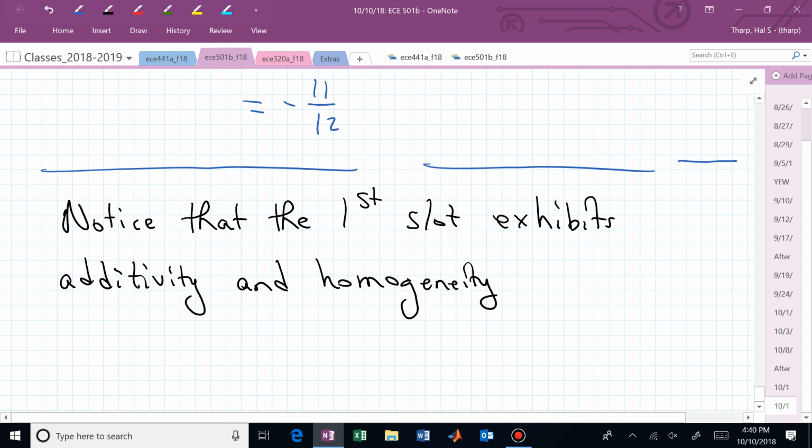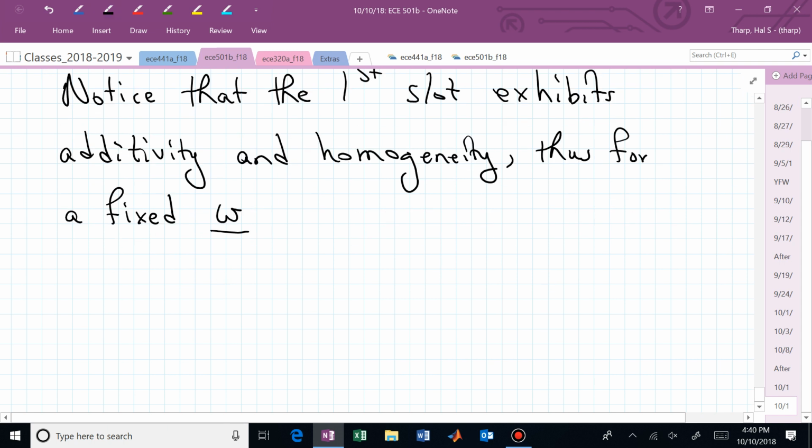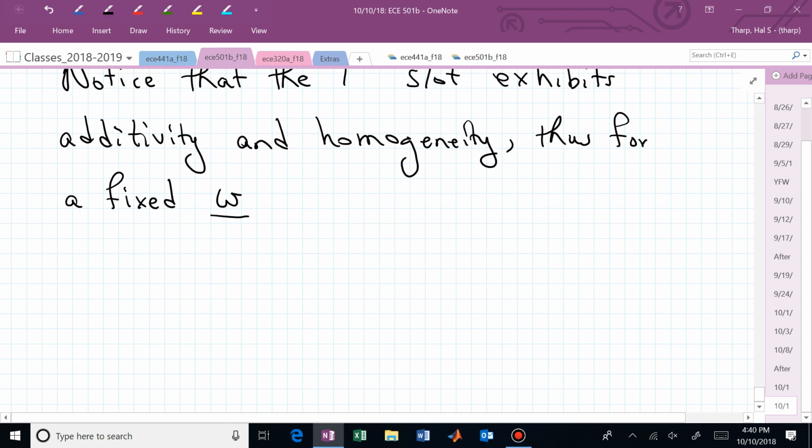The combination of those two seems to be familiar, having additivity and homogeneity. Thus, for a fixed vector w, we can actually find a linear map.